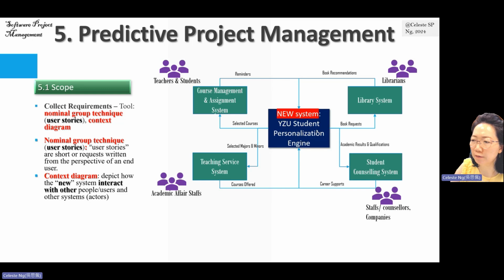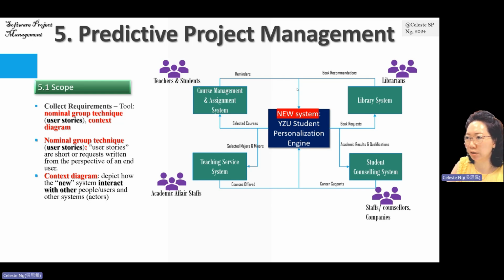The student needs to provide information about what the courses are. In this new system, the student needs to specify his or her selected courses, and then the other system can be initiated through API to send the reminder to this new system to inform that student that your course assignment deadline is so and so.